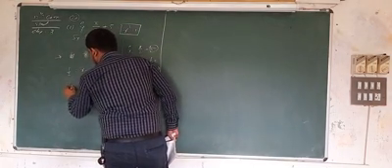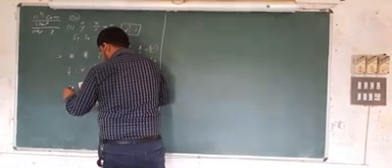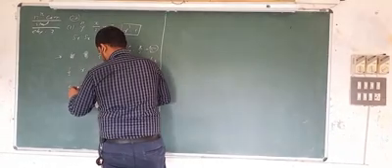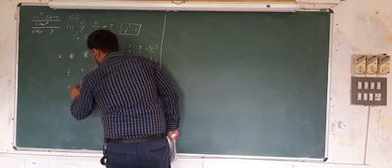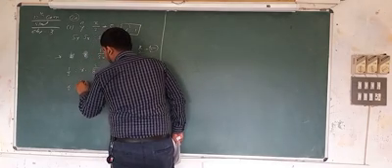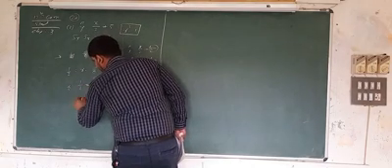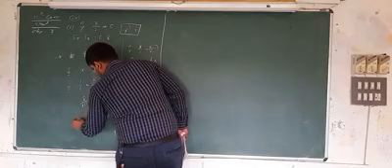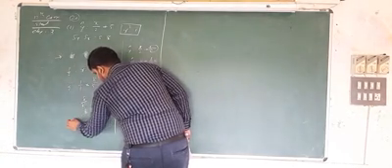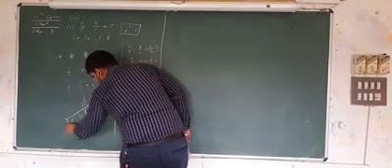Now r is equal to 5 by 8 times 1 by 2 interchanged, cross multiplication, 8 by 5. So 8 by 10, that is 0.8. This is the value of r.